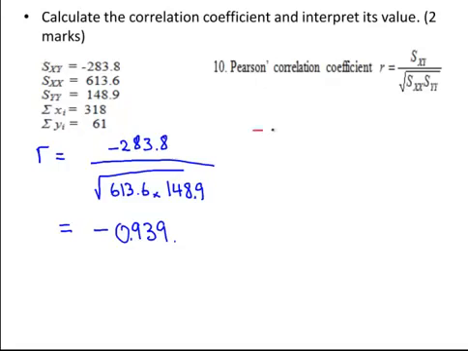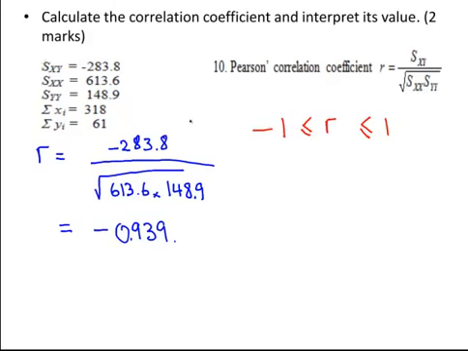Just as a quick remark, interpret its value. Well, just recall that the correlation coefficient should be between minus 1 and 1. If it's very close to minus 1, we say it's a strong negative relationship, and if it's very close to 1, we say it's a very strong positive relationship. Be mindful of the scatter plot question that was done previously.